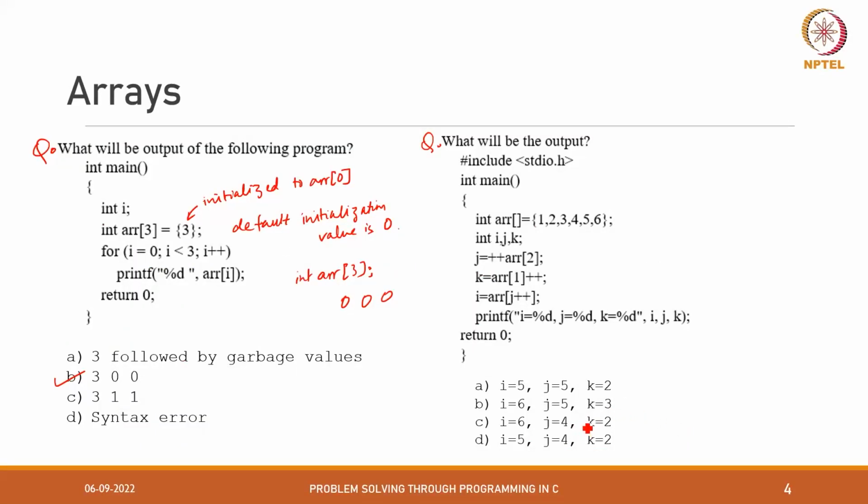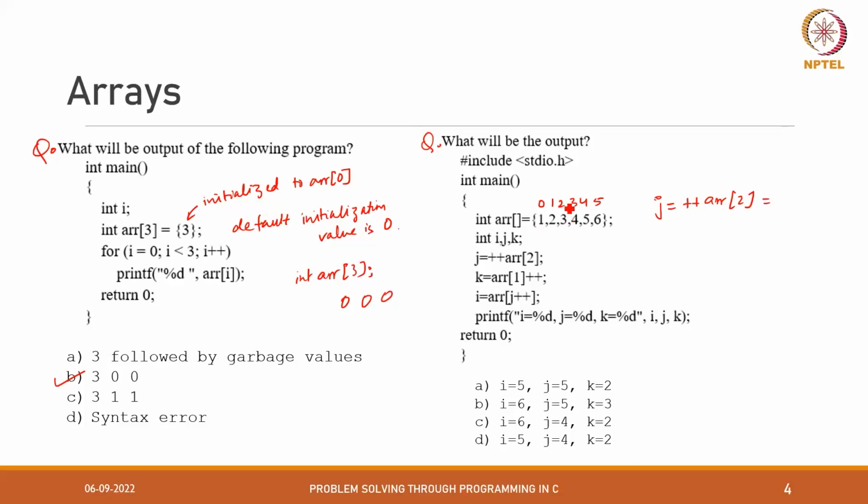Option D. Okay, we'll see. So we have this array. Let me write down the index on top of it so that we can know which is being specified here. First is j equals plus plus ARR of 2. Now, what is ARR of 2?